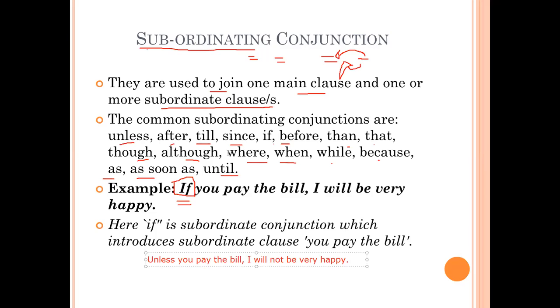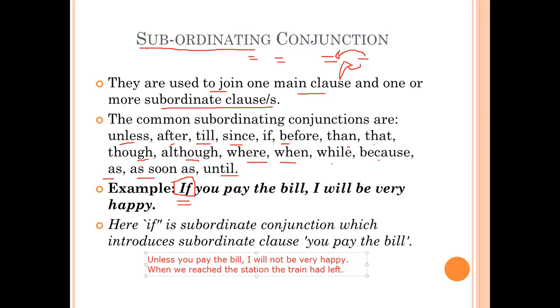Another examples that you people can see here: as soon as, no sooner than, when. These are again the words which you can interchange with one another. For example, when we reached the station, the train had left.